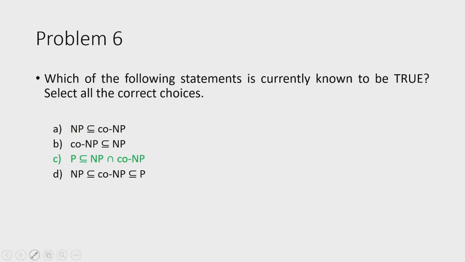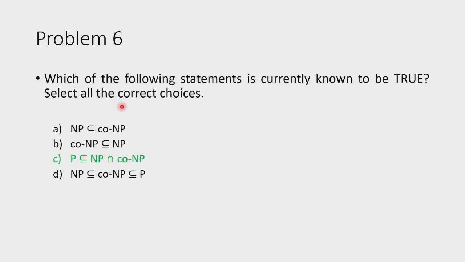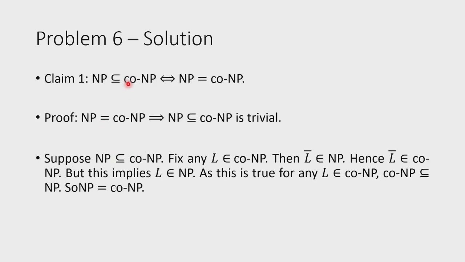Because if we knew this, we would have known that NP is equal to co-NP, but proving that NP equals co-NP or that NP does not equal co-NP is an open problem. Is this fine? Okay, so let's prove this.